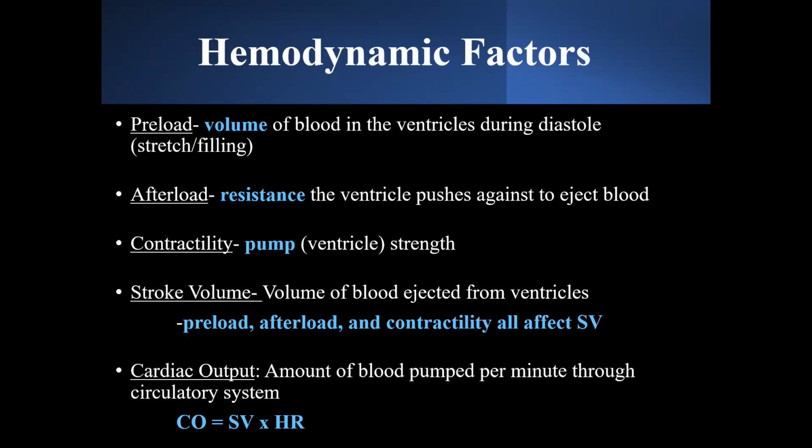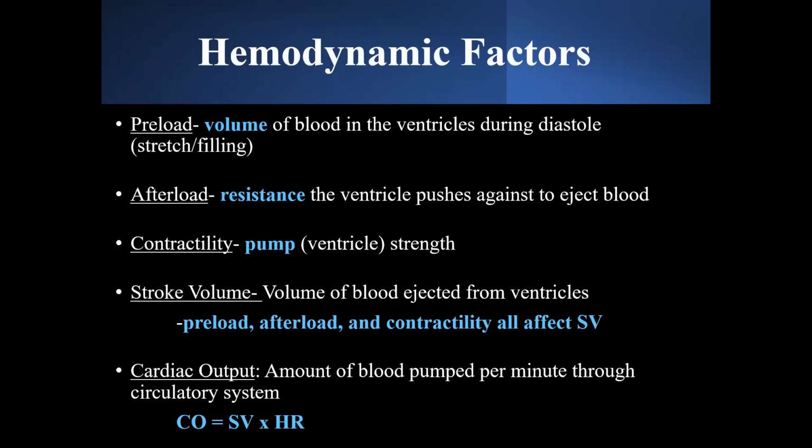It's the pressure the ventricle has to overcome to open the aortic or pulmonic valve, remember there's a left versus right, to push the blood out of the ventricle. Resistance. So, the more resistance, a locked door, we can't get through the locked door without the key. So the more resistance, the more pressure, the more work that the ventricle has to do to try to eject that blood.